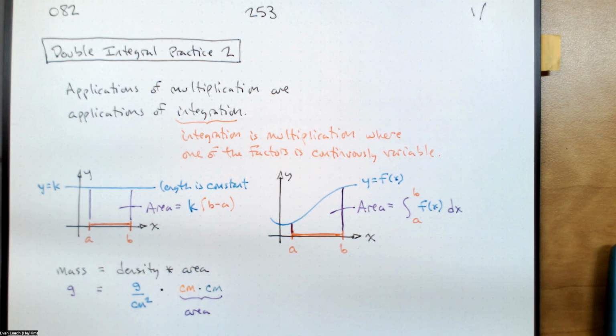If the density is constant throughout the region, I just need to multiply the density by the area of the region. But we're going to play the variable density game. So we're going to give the region variable density, and this is going to become an integration problem.